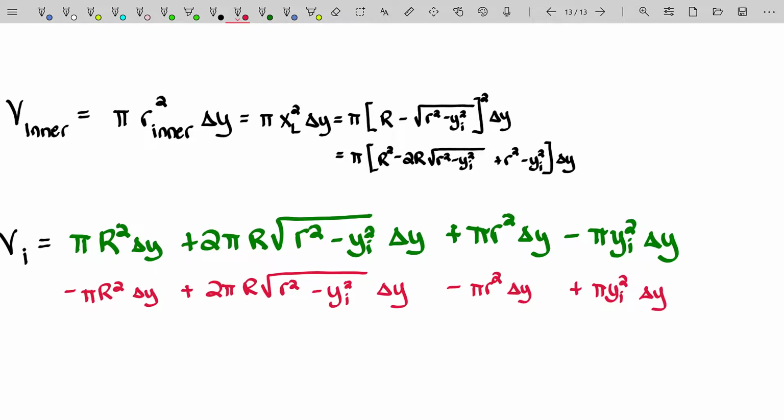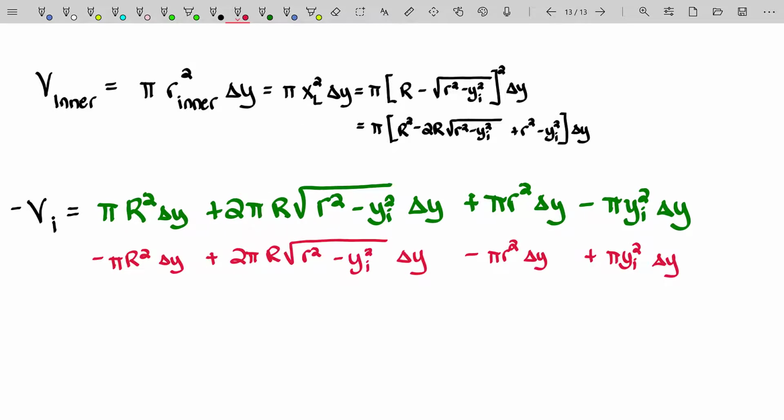This is all good old algebra, and you notice what happens. I hope that you notice what happens here, that this pi r squared delta y cancels with this negative pi r squared delta y. This pi r squared delta y cancels with this negative pi r squared delta y. And then finally, this negative pi y sub i squared delta y cancels this positive pi y sub i squared delta y. It's hard for me to say.